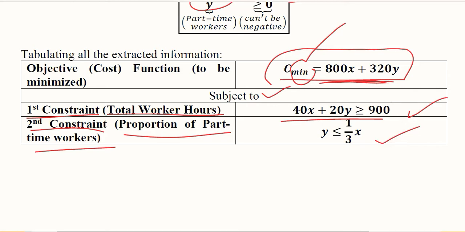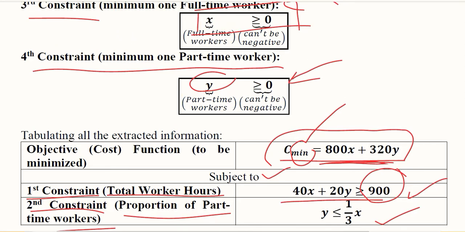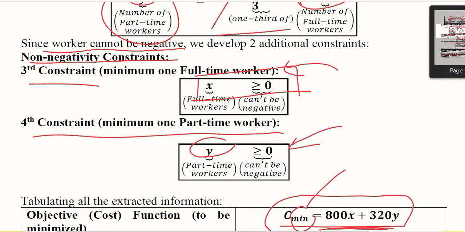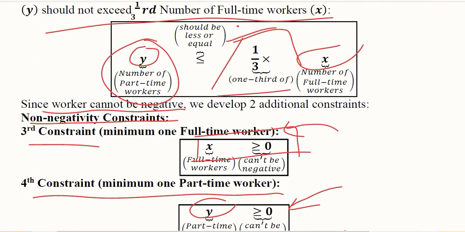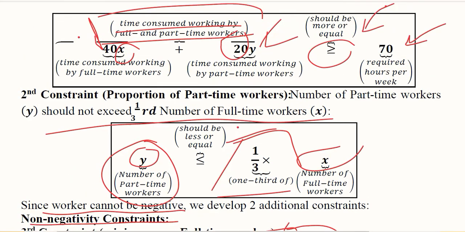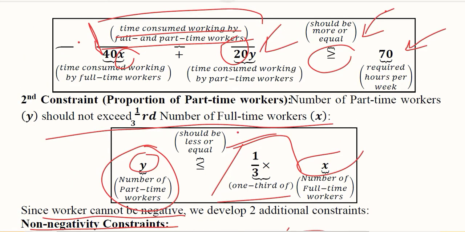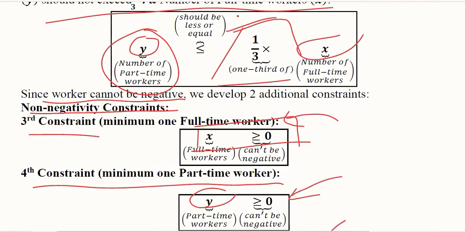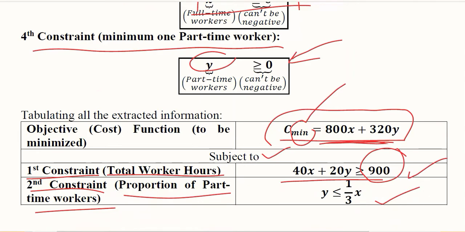Here there is a correction that the first constraint is equal or greater than 900. By mistake it was written as 70 in that constraint, so it is actually 900. So fixing this mistake, that value needs to be 900.